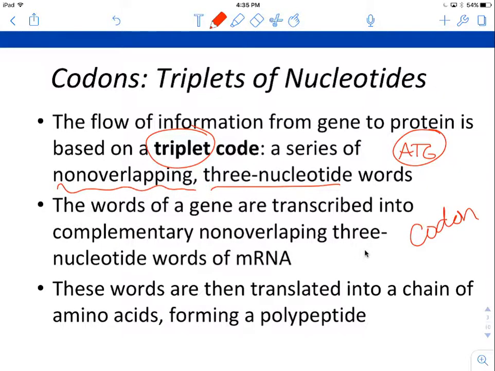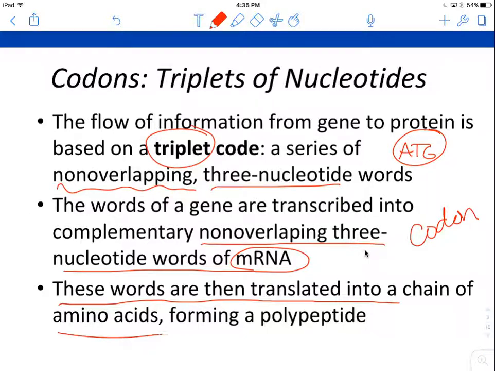So these words in DNA are transcribed into 3 nucleotide words of mRNA, and then the mRNA is translated from these little words into amino acids, forming a protein.